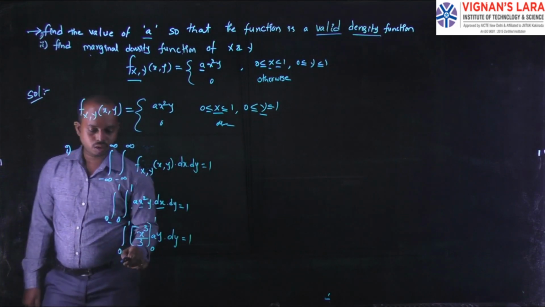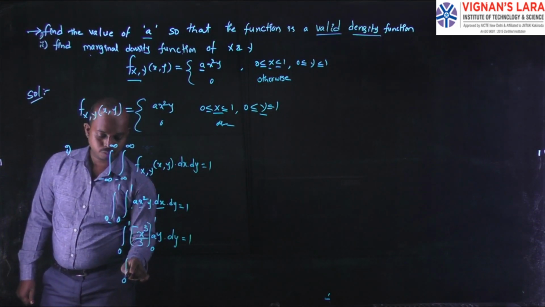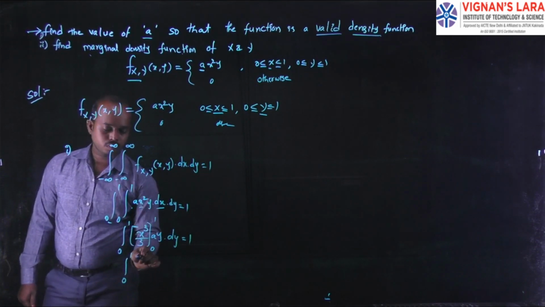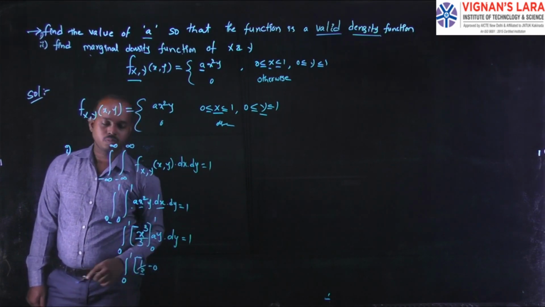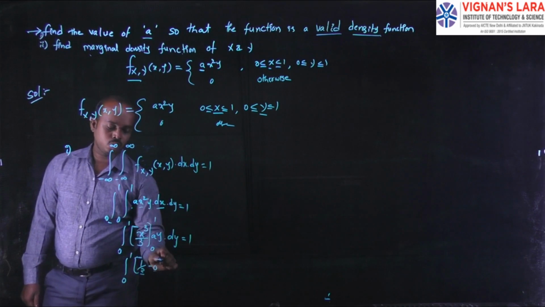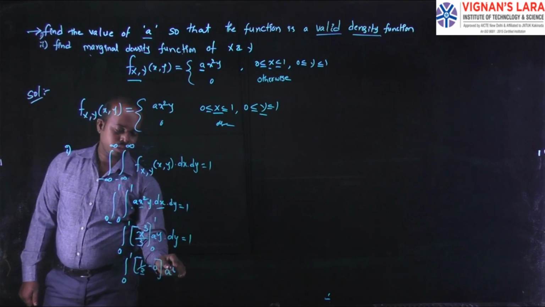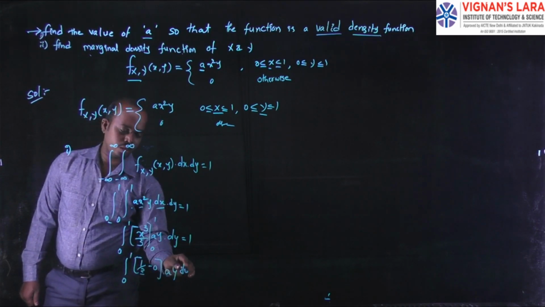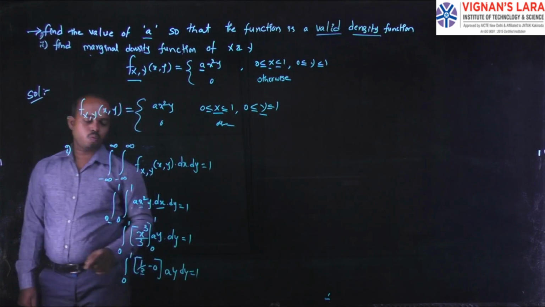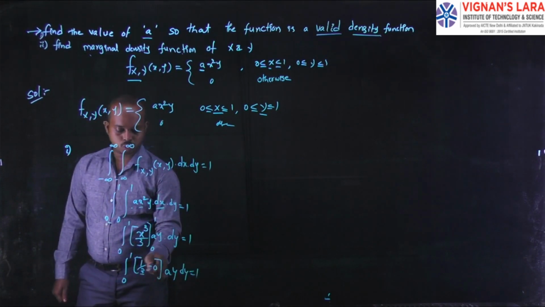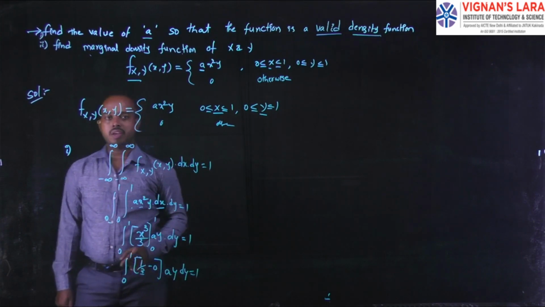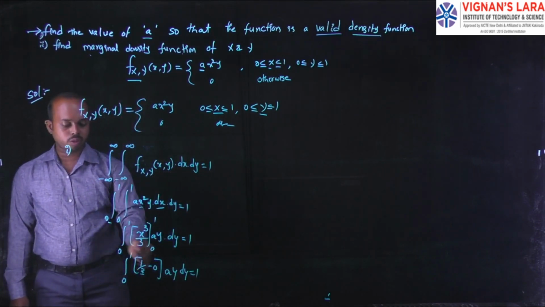The integral from 0 to 1 of 1 by 3 minus 0, into a y into dy is equal to 1. The 0 quantity is totally eliminated and the remaining is 1 by 3rd into a, a is a constant, and 1 by 3rd is a constant.